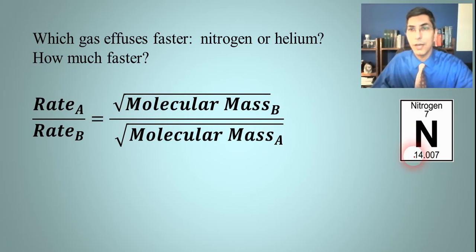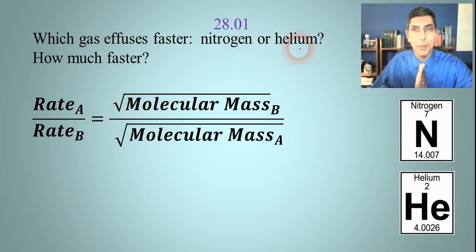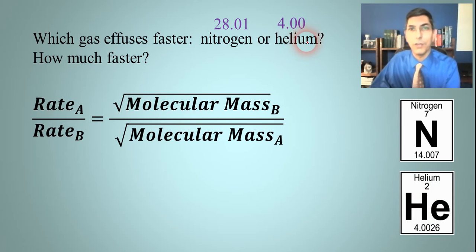Nitrogen has an atomic mass of about 14.007, so N2 is going to be about 28.01 when we add that together. Now helium is a monatomic noble gas. Its molecular mass is very close to 4.00 when we round it off to 2 decimal places.